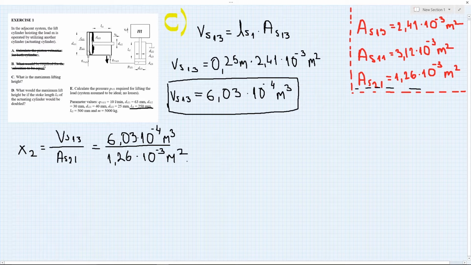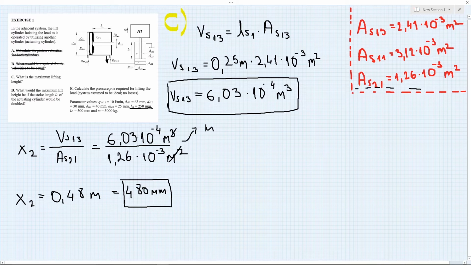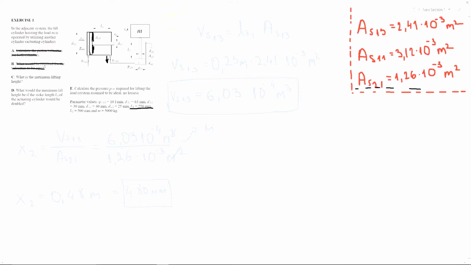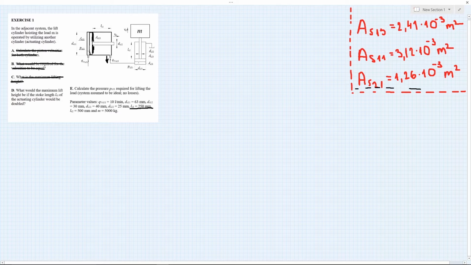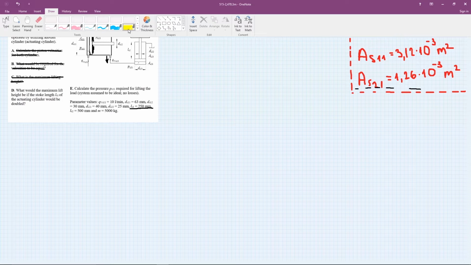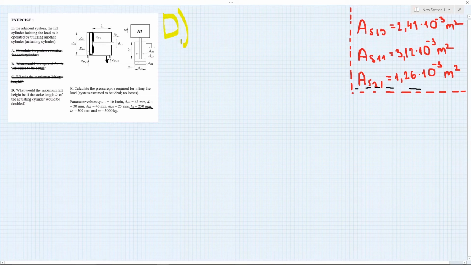Meters cubed divided by meters squared, we only have meters left here. And the stroke here is going to be 0.48 meters, which is equal to 480 millimeters. So this is the maximum lifting height for this stroke of the cylinder number 2. And C is done. So now we have D. Okay, so let's do D.